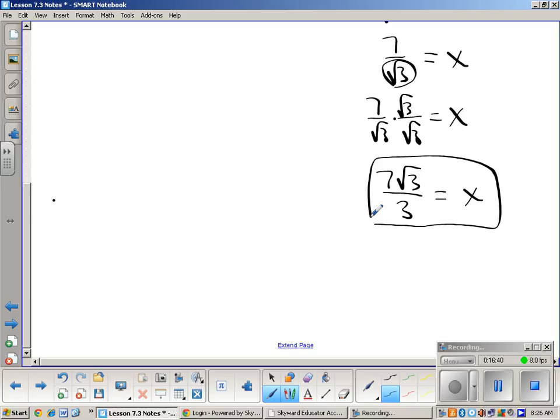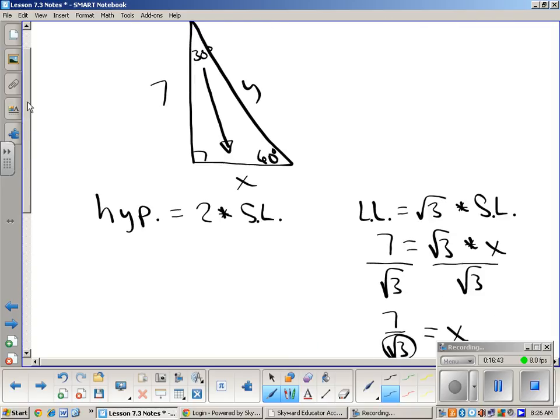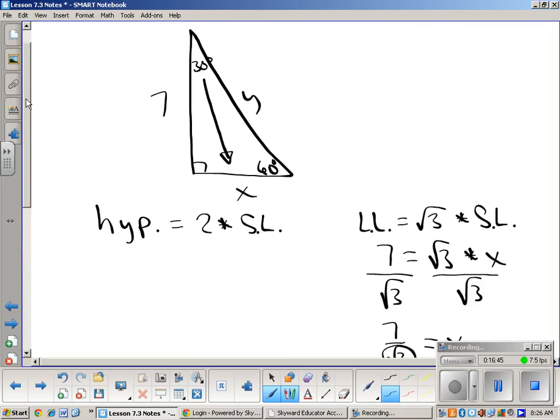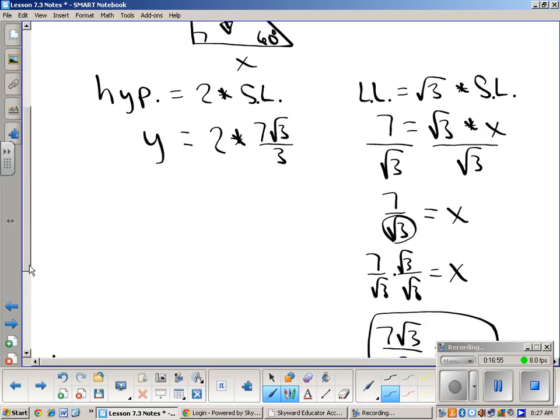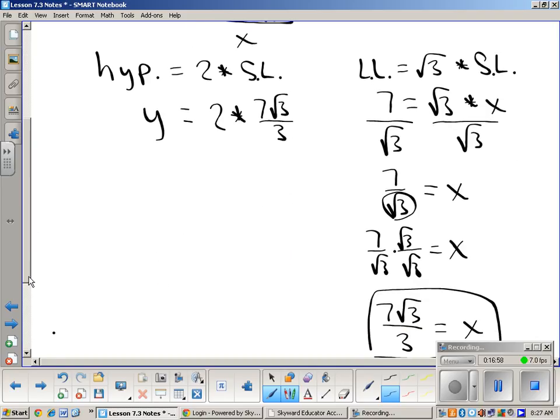So that's x. What did x represent? The short leg. So now we come back up here. We now know what the short leg was: 7 square root of 3 over 3. That's going to equal the hypotenuse, which was y. Now remember, 2 is really over 1, right? 2 over 1 is still 2, correct?